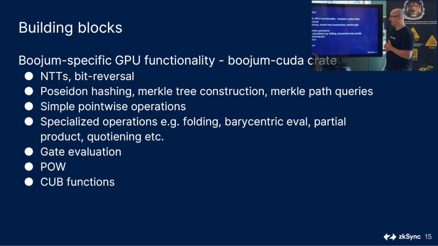For example, for the Poseidon gate, because it's so complex that, for one, it would be difficult for the compiler to generate efficient code when it's fully unrolled. And also because we can do better than just taking what exists in Boojum and translating it. We have our own Poseidon implementation, which is better than what we could get if we just generated it from Boojum.